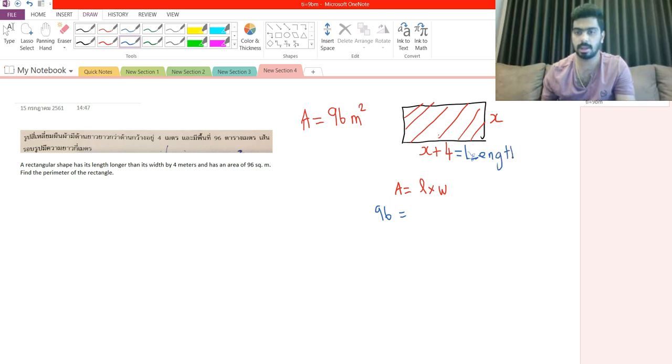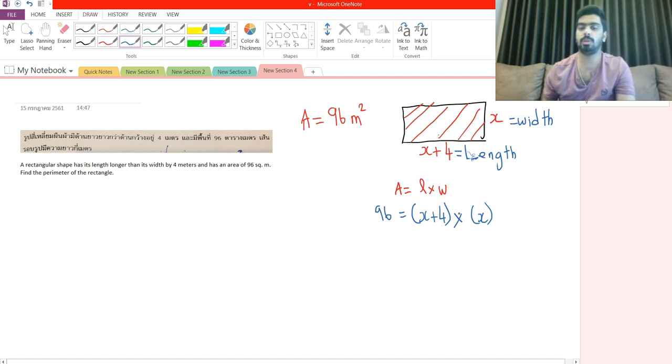The length here is x plus 4, multiplied by the width, which is x.